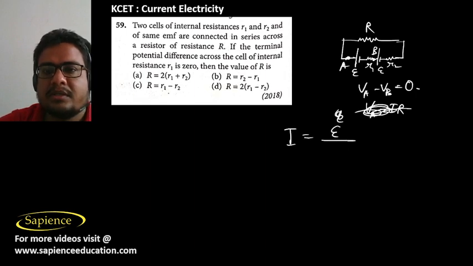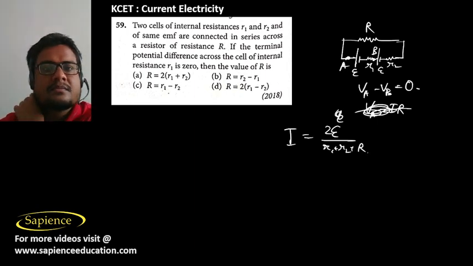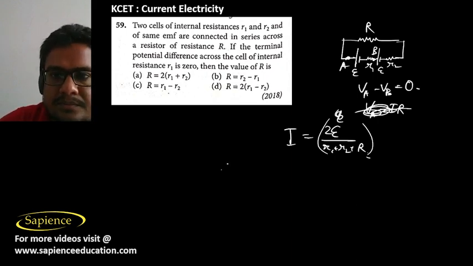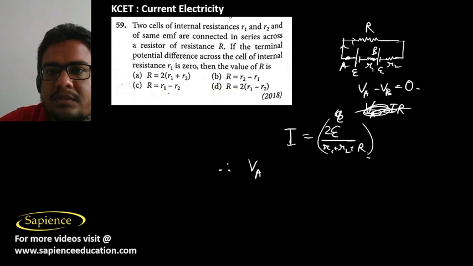That will be equal to 2E by R1 plus R2 plus R. Now, current is flowing like this, so VA minus E plus IR1 is equal to VB.